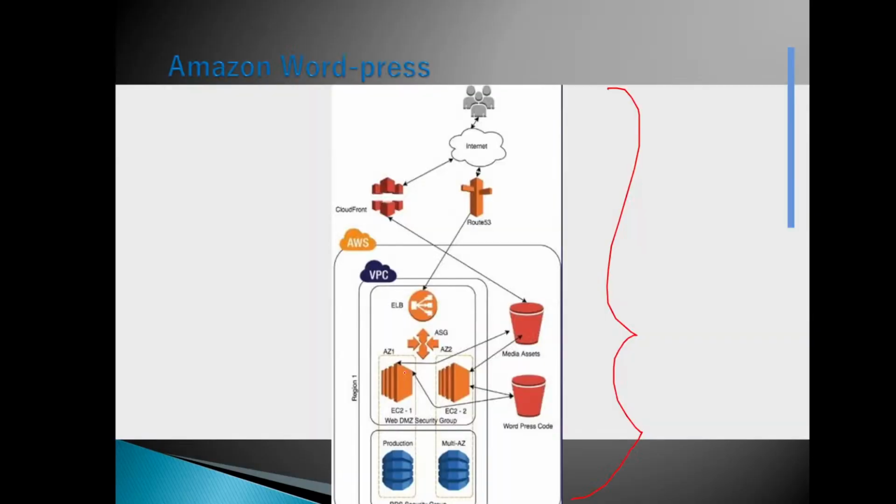So these are the EC2 machines, created using the web security group which we have created, and these are our database. The database also requires a security group. So I'm saying that only the EC2 machines which are using this web security group are allowed to access my DB. That is what we are configuring.